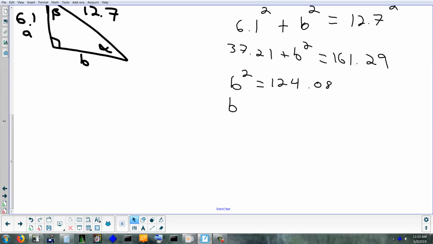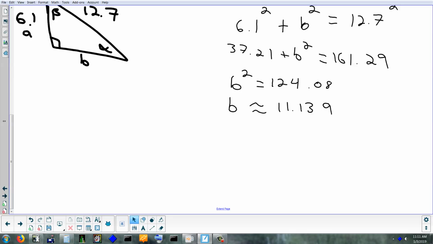And then the last step, and at this point I'm going to put approximate because now we're actually going to round. We didn't do any rounding up to that point. The square root of 124.08. Just a little more than 11. What does that come out to? Yeah, Joe. 11.139.